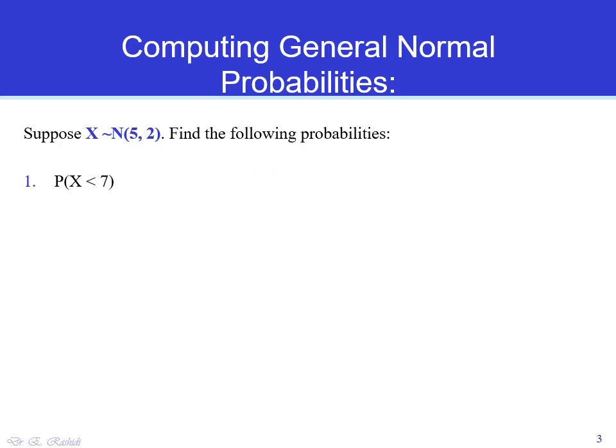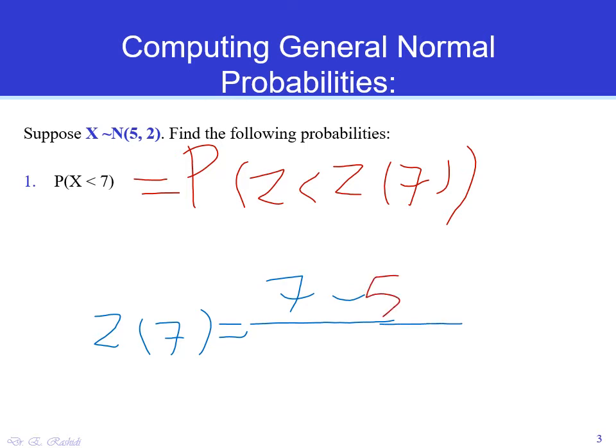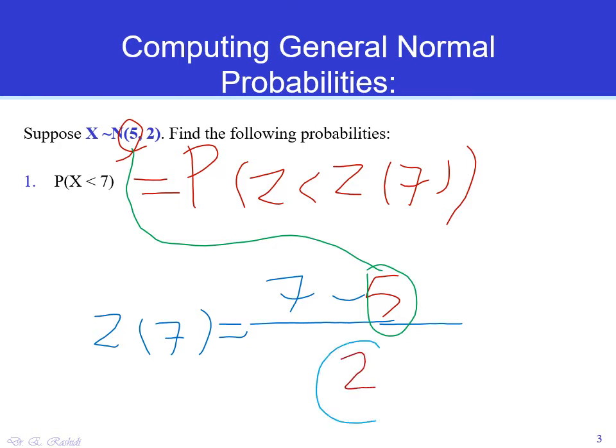So this would be equal to the probability that z is less than the z-score of 7. What is the z-score of 7? The z-score of 7 is equal to 7 minus the average mu. Mu here is 5, which comes from here, divided by the standard deviation 2, which comes from here.